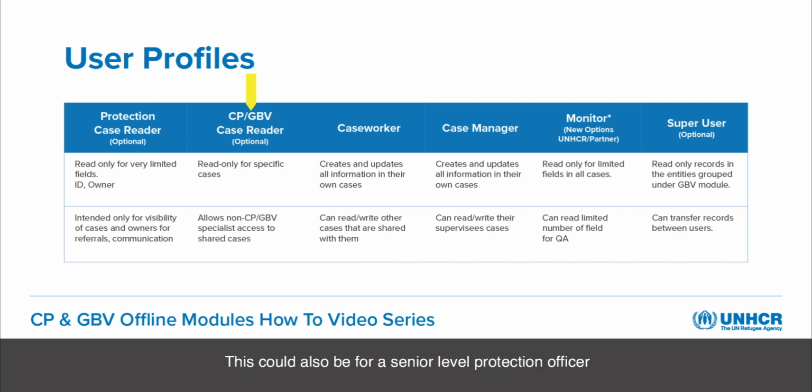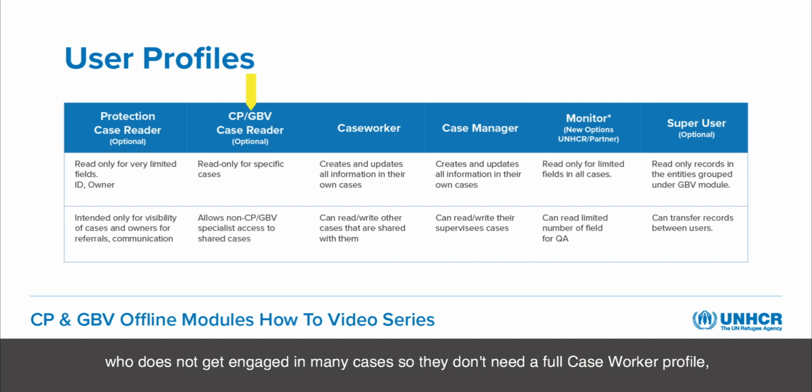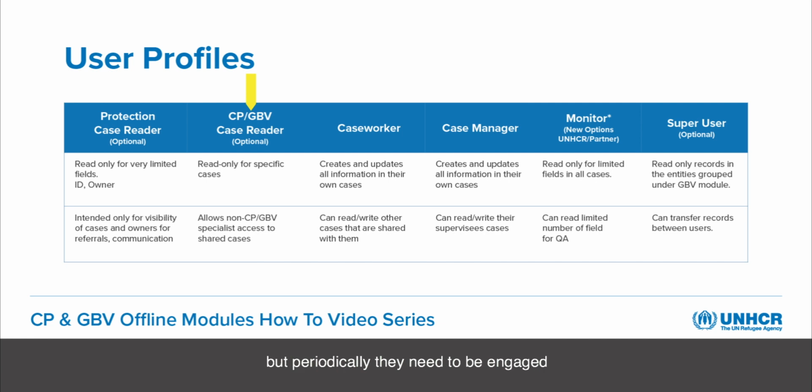This could also be for a senior level protection officer who does not get engaged in many cases, so they don't need a full caseworker profile, but periodically they need to be engaged, like on the most complex cases. And then in this case, if they had a case reader profile, part of the case could be shared with them so that they could access the basic information and then take the action that's being requested of them.